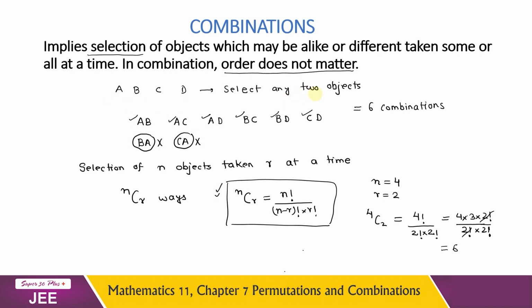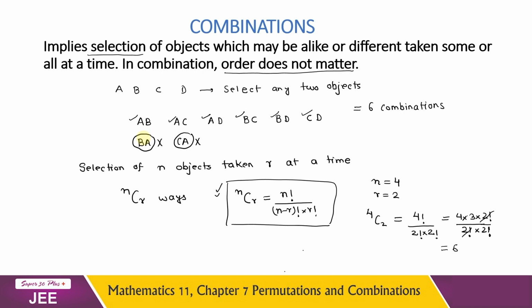You must have observed that if this is a selection AB, then when it comes to arrangement, there would be 2 arrangements. First is AB and second is BA. If this is a selection AC, then when it comes to arrangement, there are again 2 arrangements, AC and CA. So corresponding to each combination that I have made over here, there are 2 possible arrangements, or I can arrange them in how many ways?